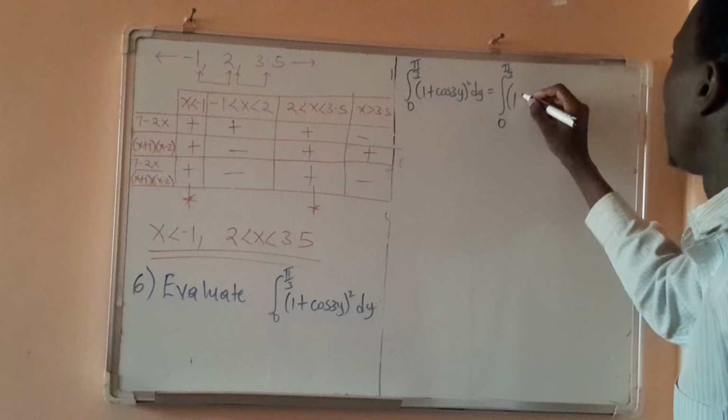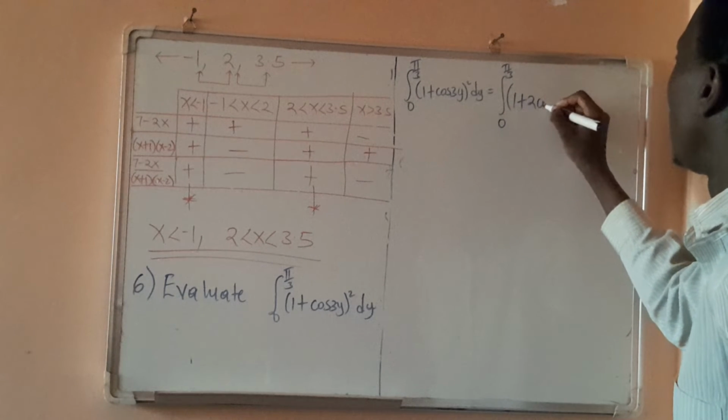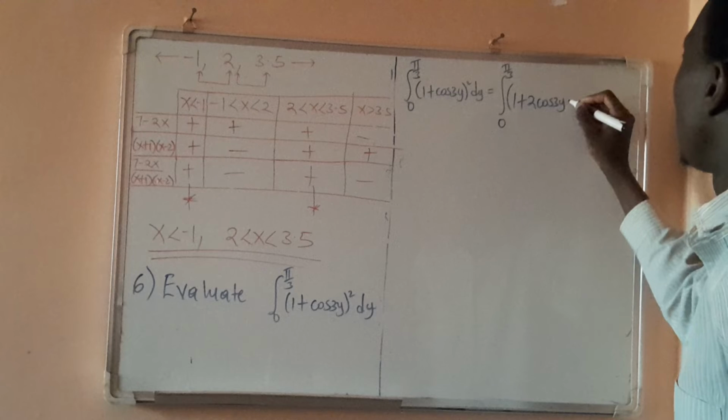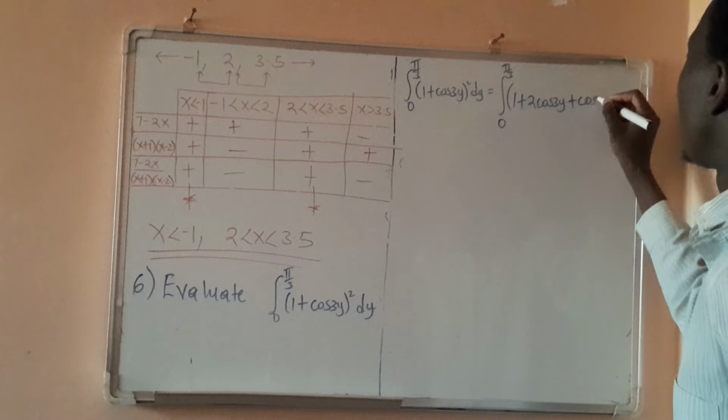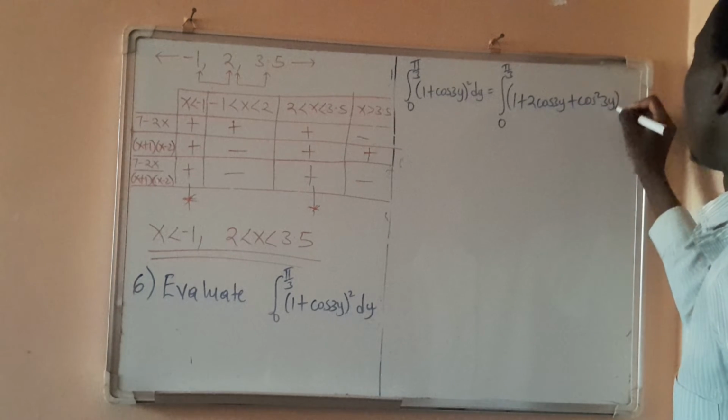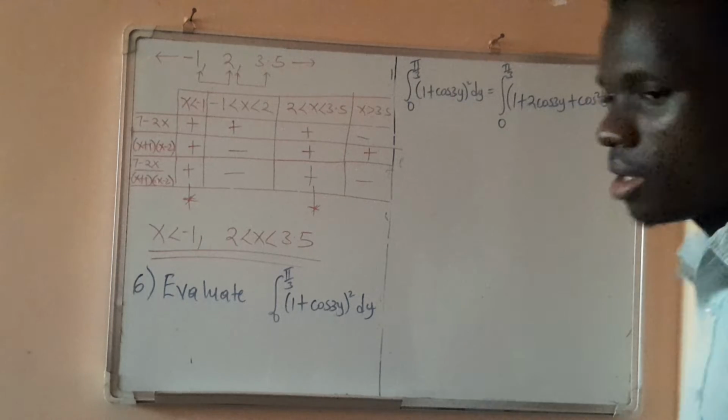This is 1 plus 2 cos 3y plus cos squared 3y dy.